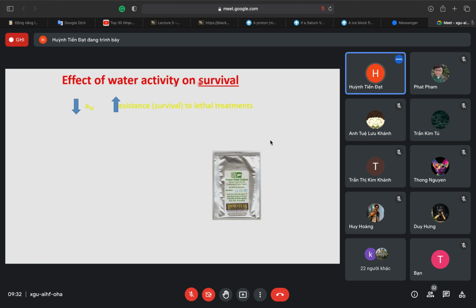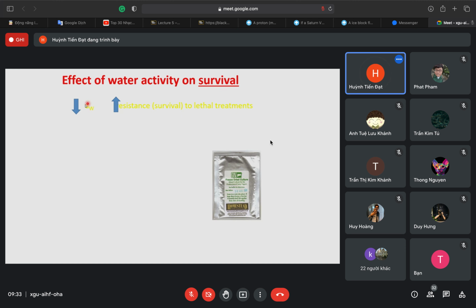Okay, so the water activity effects on survival. The water activity effect on growth, you already know, right? If we reduce below the minimum water activity for growth, we inhibit their growth. But here we talk about survival. You think we can reduce the water activity and increase resistance to lethal treatment?